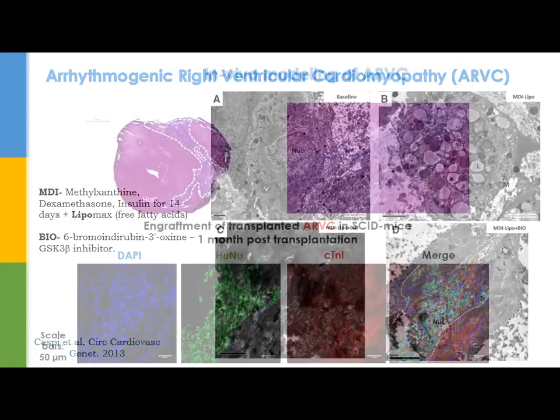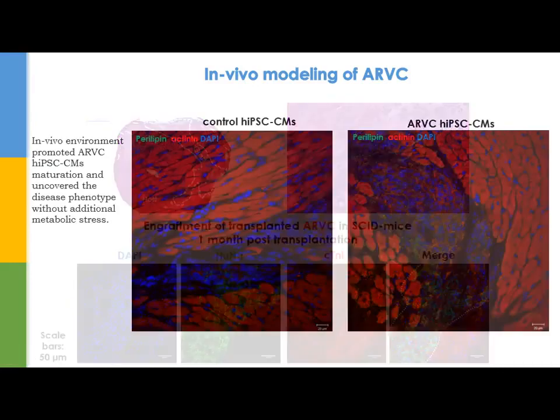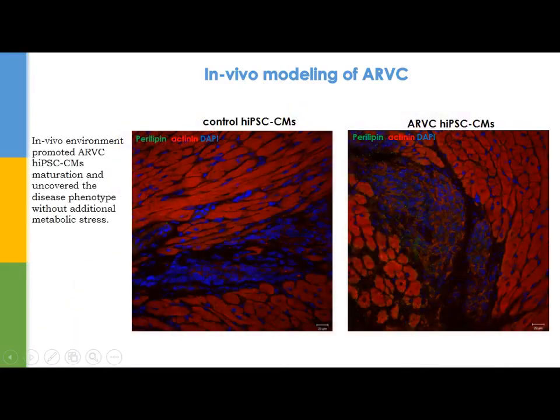And we used the in vivo model to model this disease. We got very nice stable grafts up to 3 months of human cardiomyocytes within the mouse heart. And you can note here that the human cardiomyocytes differentiated very nicely. They were much more differentiated than the in vitro cells. And when we assessed for lipid droplet accumulation, you can see here the ARVC cardiomyocytes and the control cardiomyocytes.